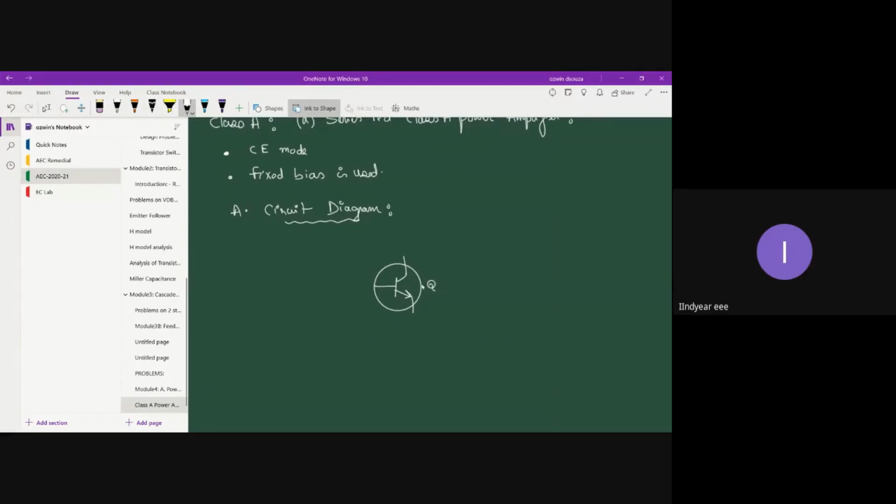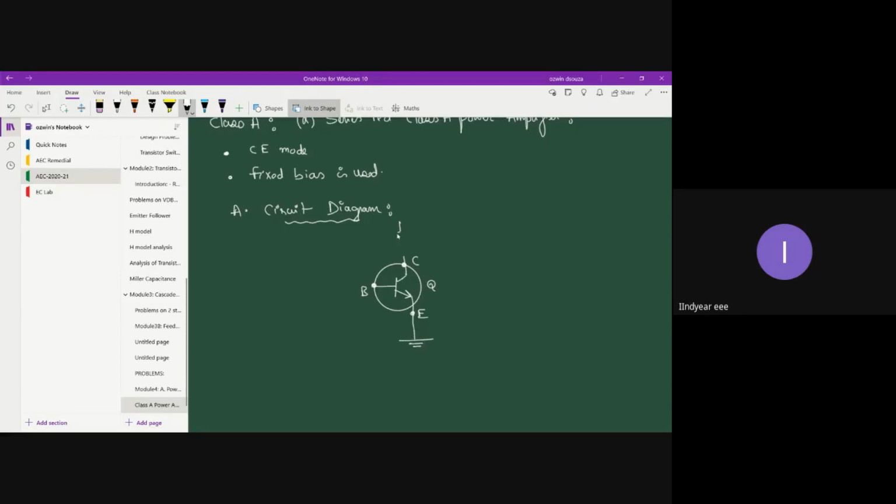This is your transistor: base, collector, and emitter. Since it is using a fixed bias circuit, the emitter will be directly held at ground potential.